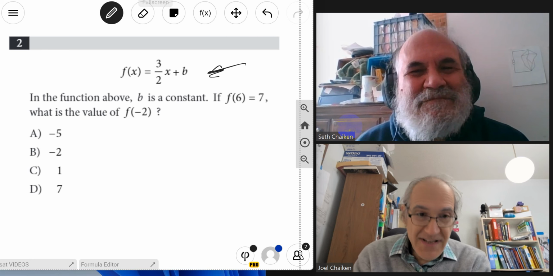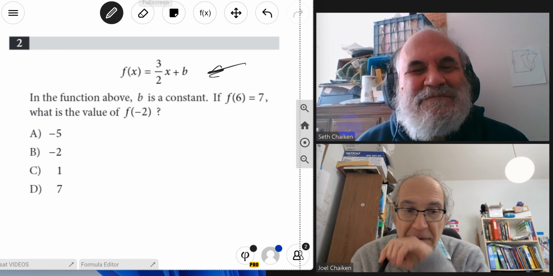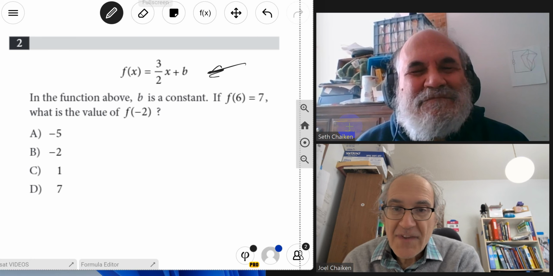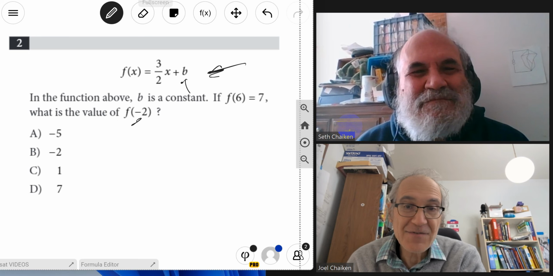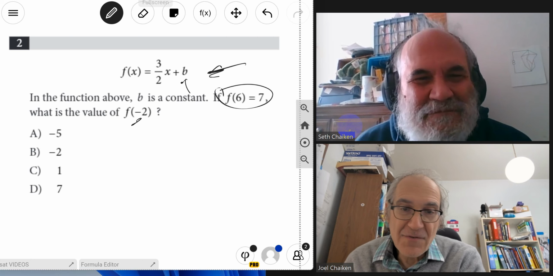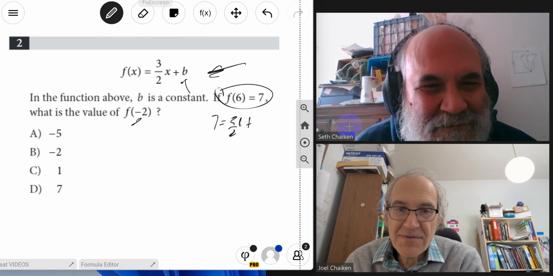So before Seth shows us the way to do it without doing it the traditional way, I'm just going to quickly show you the traditional way. If you knew b, then you could calculate f of negative 2, but you don't know b. So use this as a clue to solve for b, and then you get the answer. Very quickly, 7 is equal to 3 over 2 times 6, plus b.